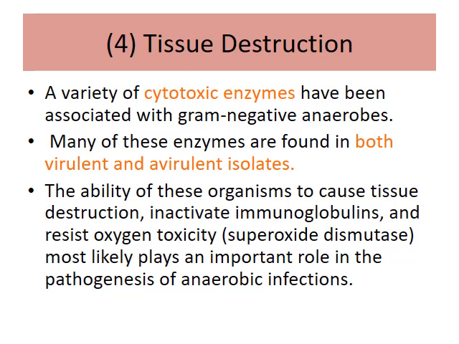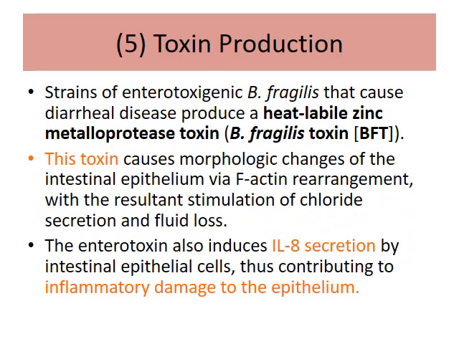And then again, as we said earlier, they resist oxygen toxicity because they have SOD, superoxide dismutase. So they basically all play an important part. Then if you remember when I talked about Clostridium, I said when there was no treatment for Clostridia, patients used to be kept in oxygen chambers to increase oxygen content to save these patients and kill bacteria.